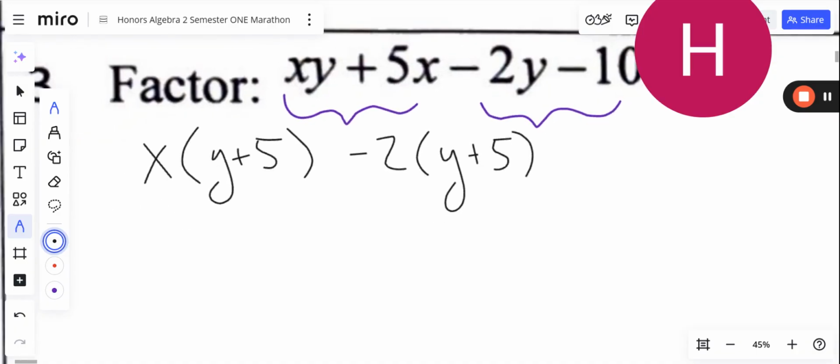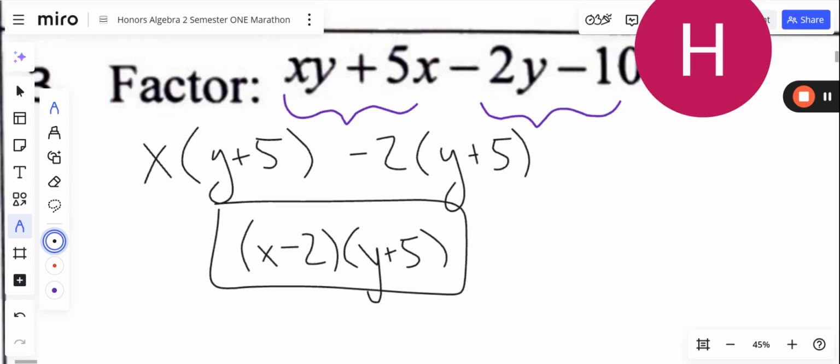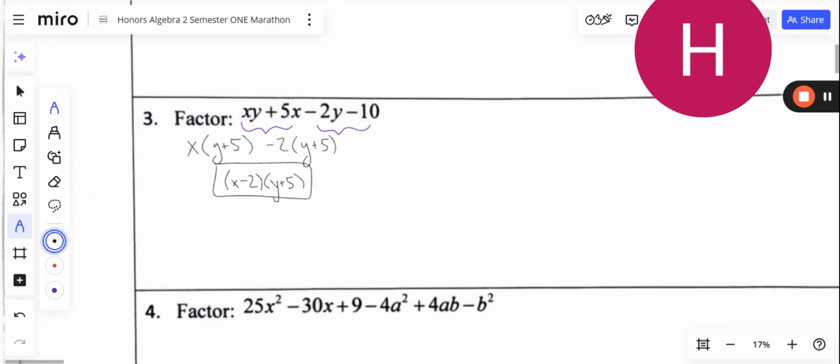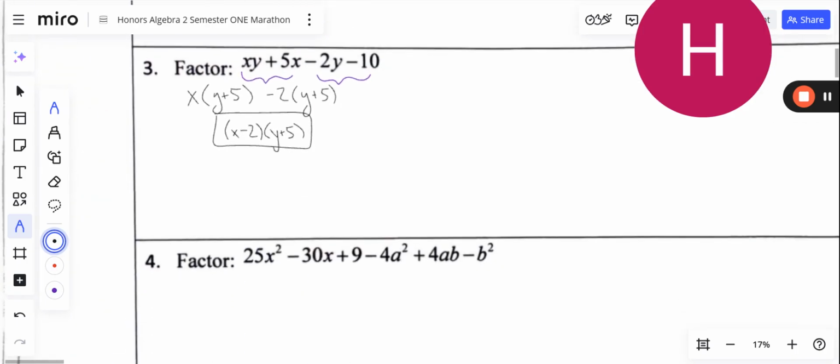That would be negative 2. And now we can factor out the common group factor of y plus 5. That looks quite hideous, doesn't it? So we'll have x minus 2. They each have the partner of y plus 5. There we go. Fully factored. So we're starting off very light. Trust me, it will get a little more intense.